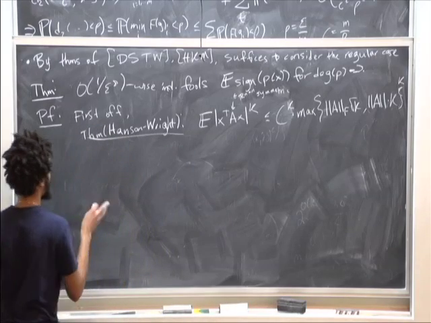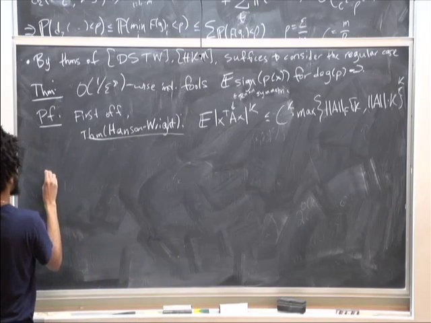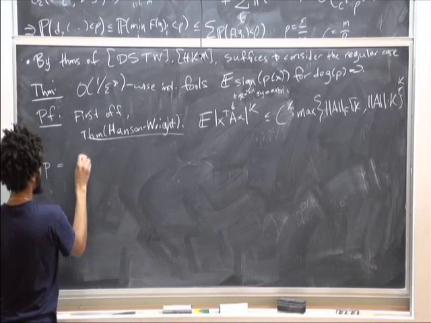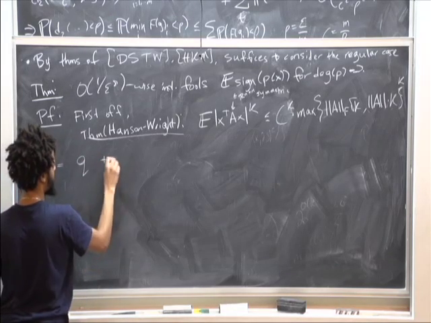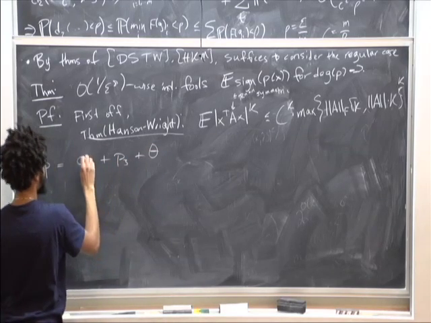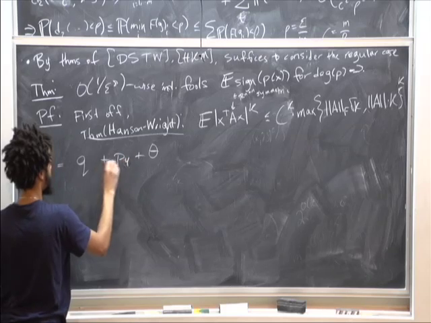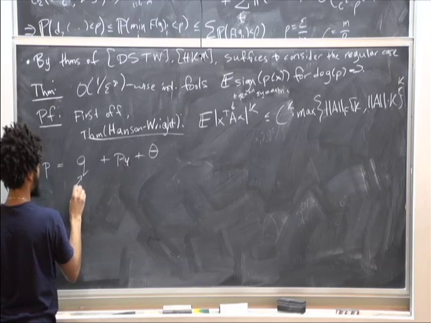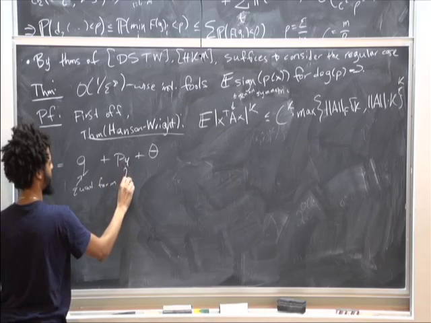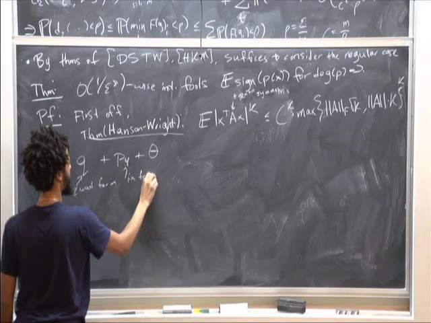Okay, so now let's use this. We're going to write P as Q plus P3 plus some constant theta, P4. This thing is a quadratic form, this thing is a linear form, and that's a constant.